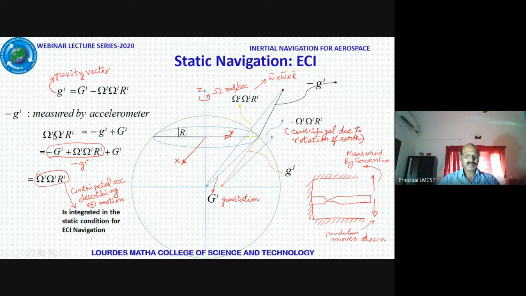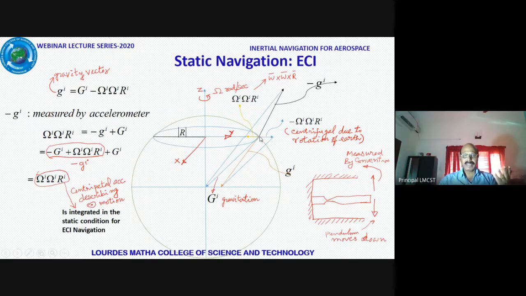In this one-dimensional case you can say omega square r, and that is towards the center of this particular local circle, and this vector is what is integrated in the static condition.